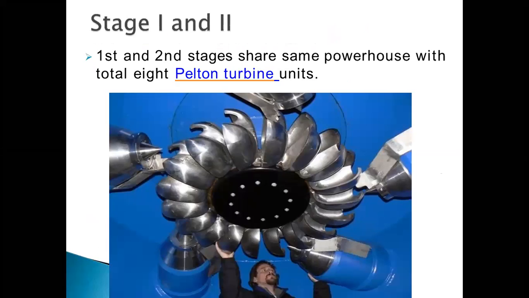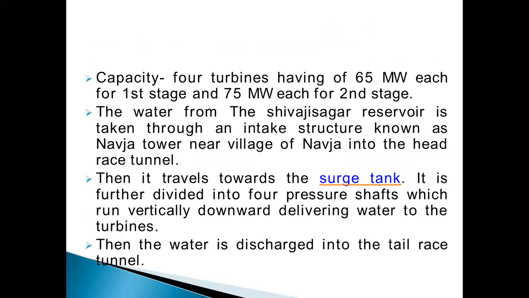There are various stages of the installation, or commencement, of this hydroelectric power plant. In stage 1 and stage 2, Pelton turbines were used, right? Then various turbines having various installed capacities: 4 turbines of 65 megawatt each for stage 1 and 75 megawatt for the second stage.